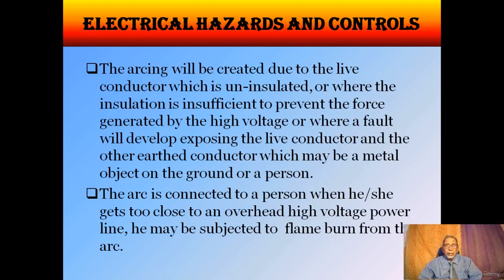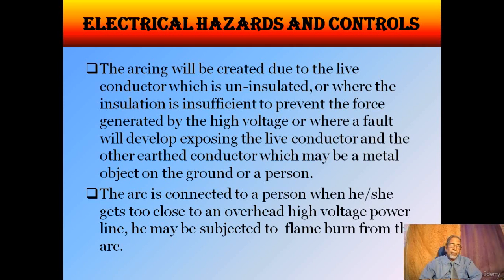Another reason for arcing is a live conductor which is uninsulated, or when the insulation is insufficient to prevent the force generated by the high voltage, or when a fault develops exposing the live conductor to other earthed conductors, which may be a metal object on the ground or a person.